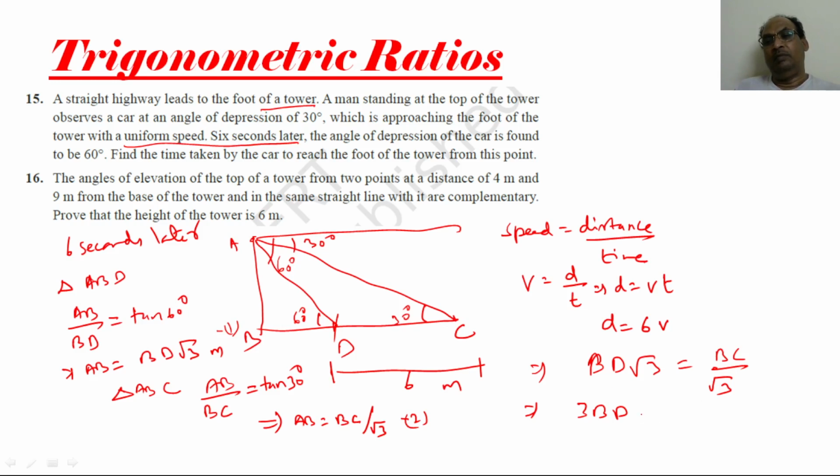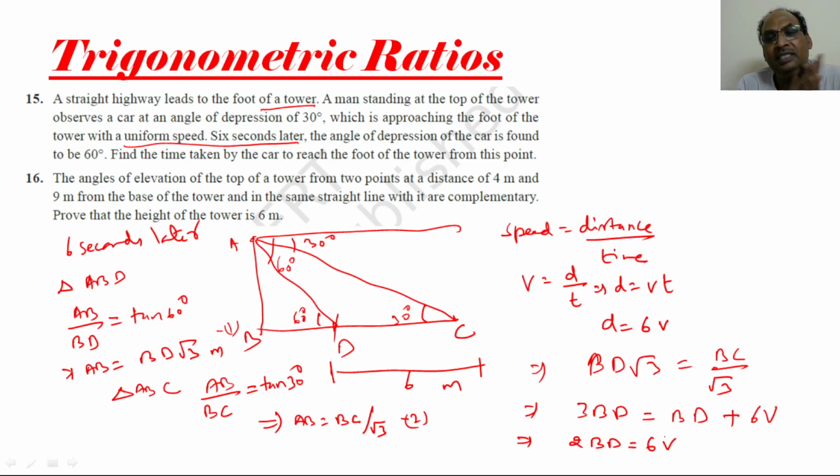So 3BD is equal to BC, and BC is equal to what? BD plus DC, and DC is 6v, right? 6v. Then here further 3BD minus BD, so it is 2BD is equal to 6v.